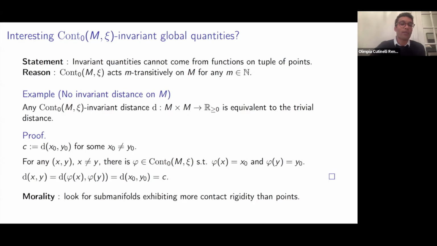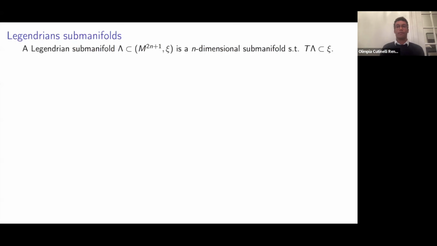Legendrian submanifolds are submanifolds that remember a lot about the contact distribution. More precisely, what is a Legendrian submanifold? It's a submanifold which is everywhere tangent to your contact distribution and which is of maximal dimension, equal to half the dimension of your distribution of hyperplanes.